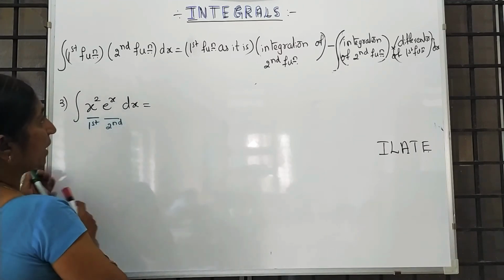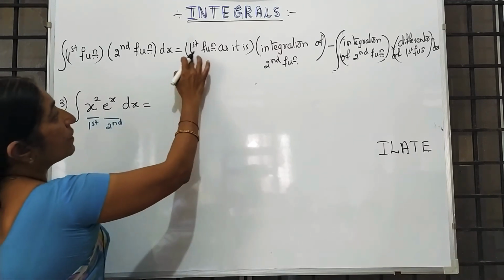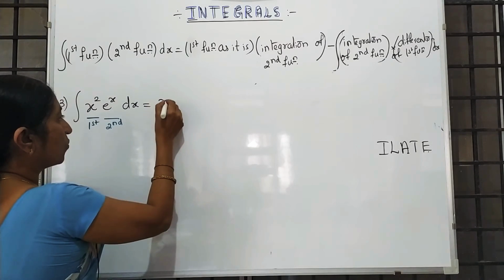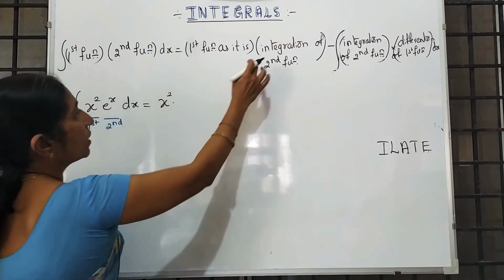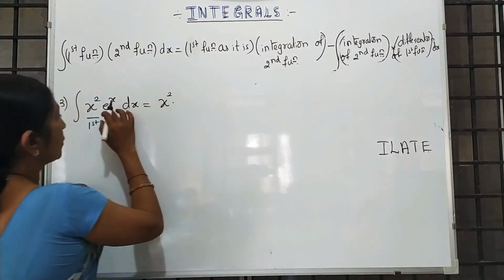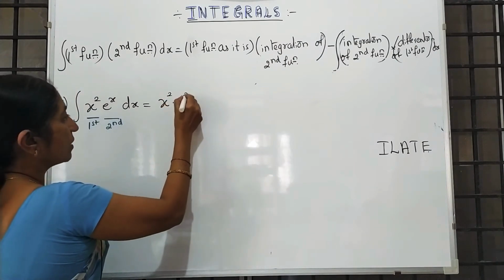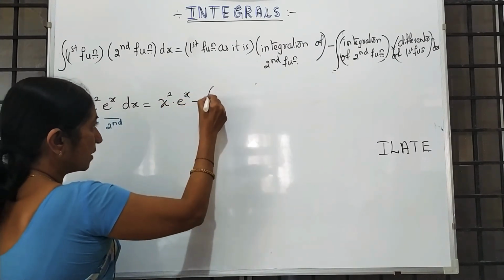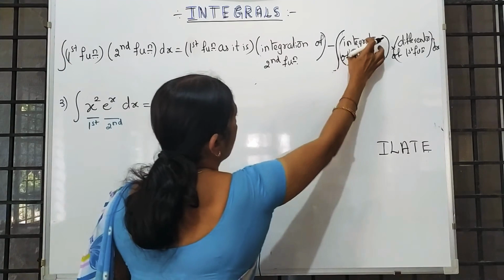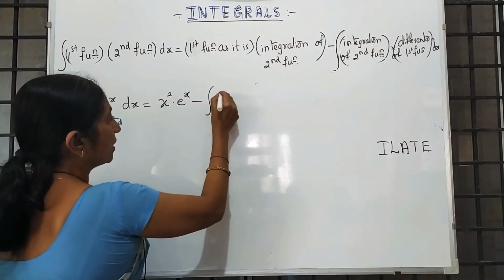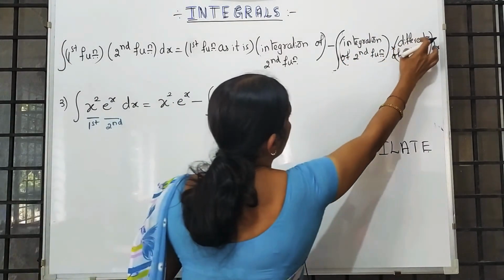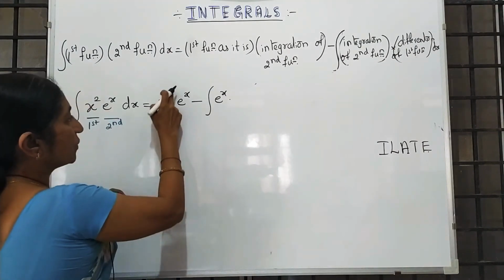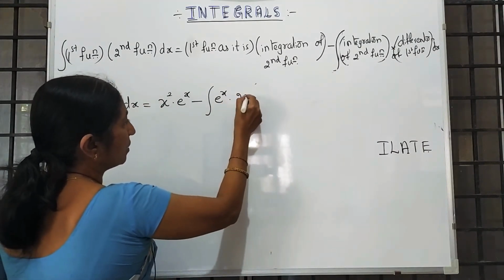So, first function and second function. First function as it is, x square as it is, into integration of second function, integration of e raised to x is e raised to x, minus integration sign, integration of second function e raised to x, into differentiation of first function. The first function is x square, its differentiation is 2x.